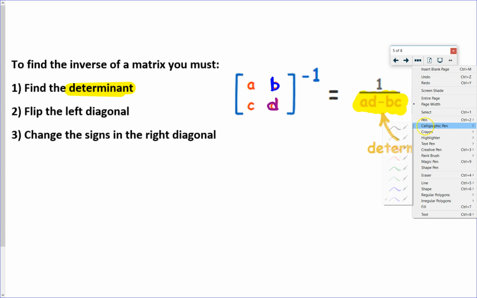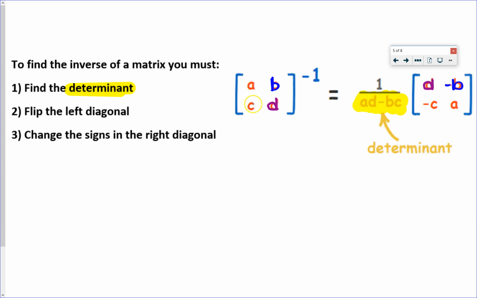Okay? If they were already a negative, what do you think happens? It would become a positive. Okay? So A and D switch spots. B and C stay where they are, but their signs are going to change. Okay? Then you multiply 1 over your determinant to everything as a scalar, and then you get an inverse matrix.